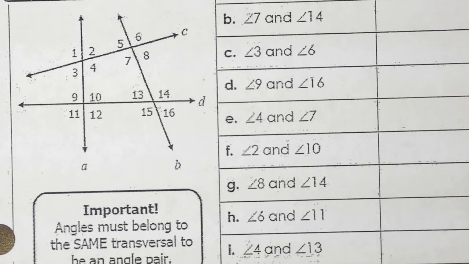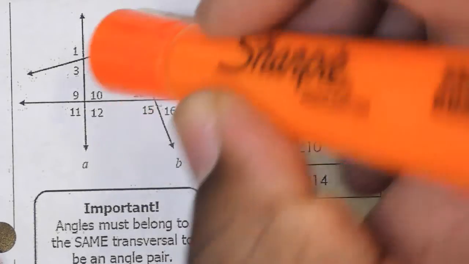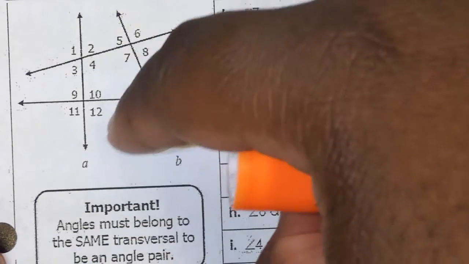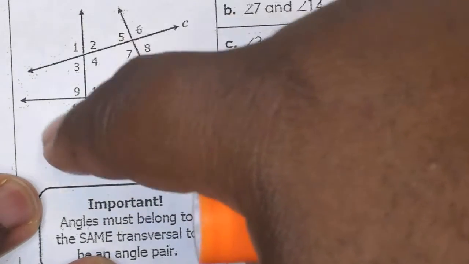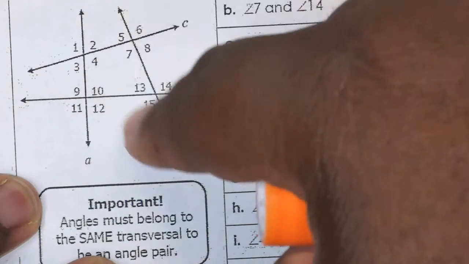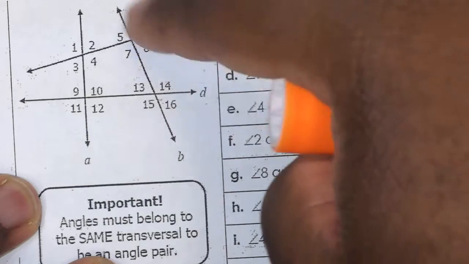So, for example, if you see C and D as your 2 lines going in the same direction, then you'll see your 2 transversals as A and B. You have 2 different transversals here. You got a set of angles on this one that have angle pair relationships. Then you got a set of angles on this one that have angle pair relationships. But that's just if you're looking at it that way.